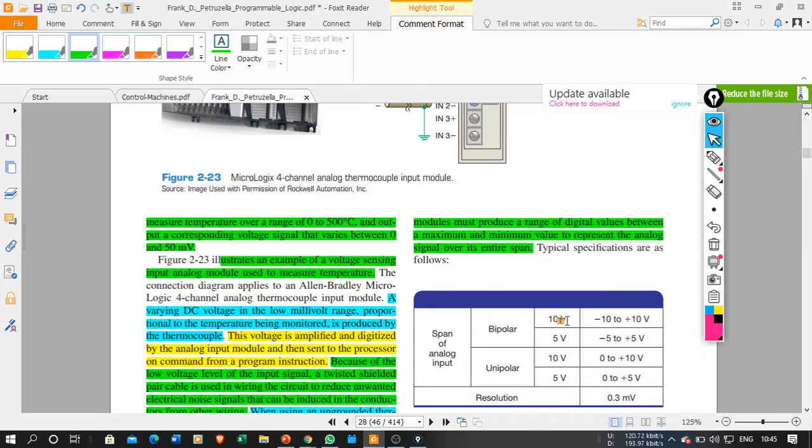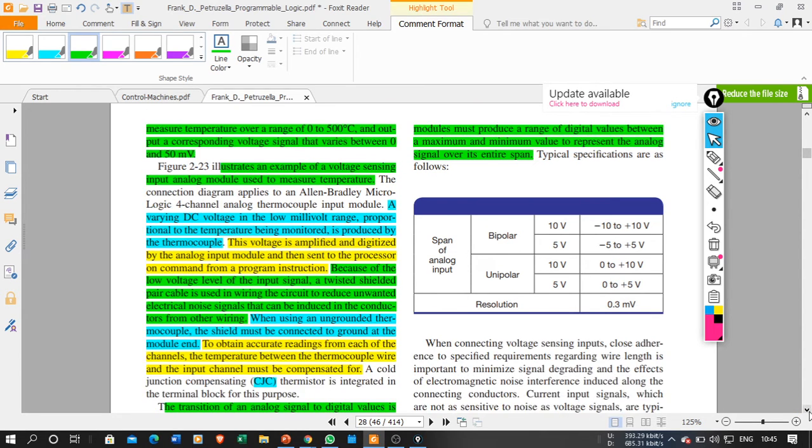Okay, so it is called span of analog input. So if it is bipolar, for 10 volt it will give me minus 10 volt to plus 10 volt, and if it is 5 volt it will give me minus 5 volt to plus 5 volt. If it is unipolar it will give me 0 to plus 10 volt. Okay, and if it is 5 volt, then 0 to 5 volt.